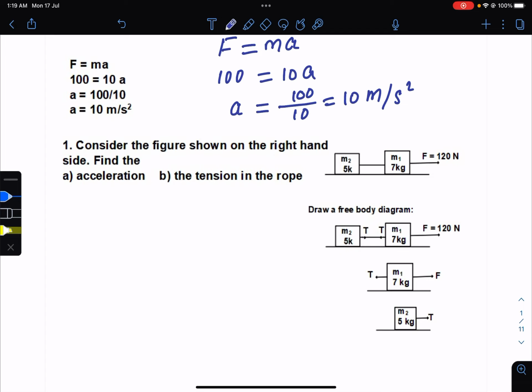Let's calculate the force and the tension and the acceleration. For example, for this system, for block number 1, we're going to get F, which is the driving force, minus T, the resisting force equals M1A.